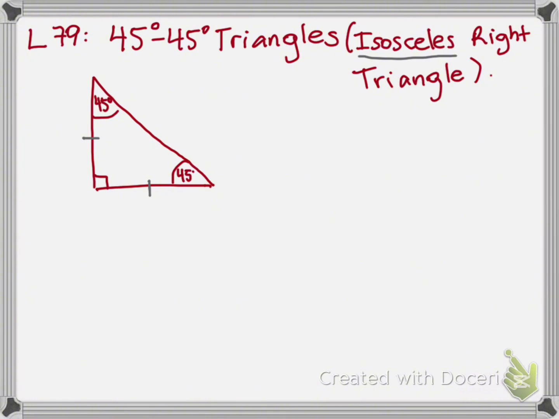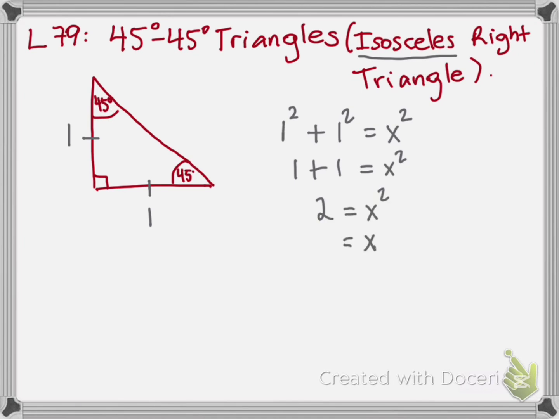If this side is the same as this side because it's an isosceles triangle, and then I do Pythagoras, 1 squared plus 1 squared equals x squared. That would be 1 plus 1, so 2 would be x squared, and x will be the square root of 2. So here is the square root of 2.